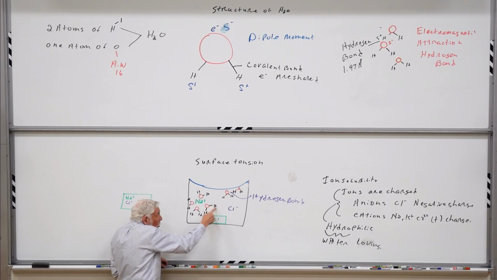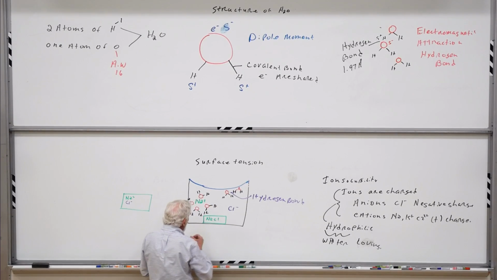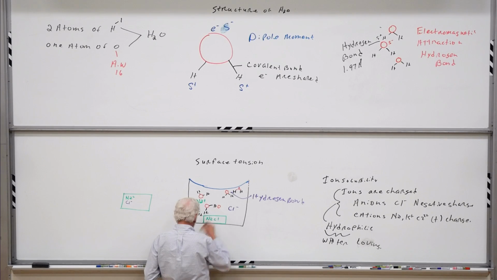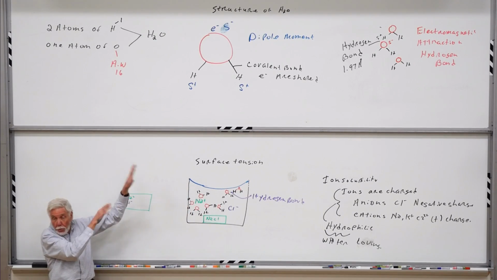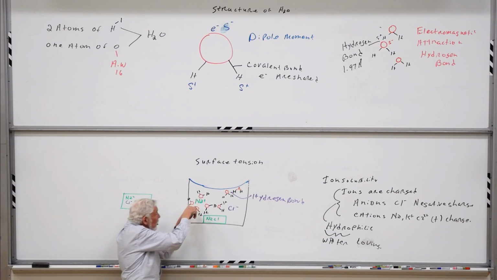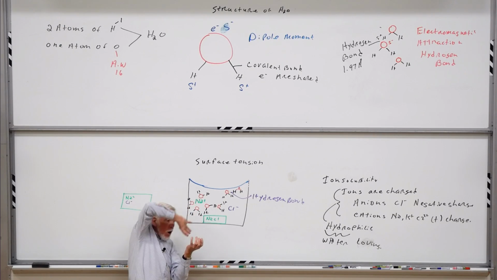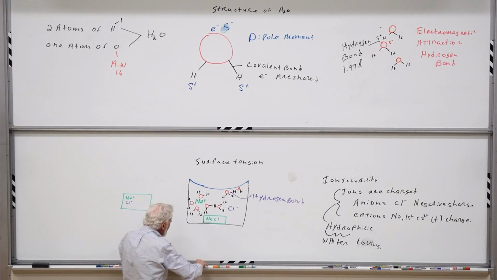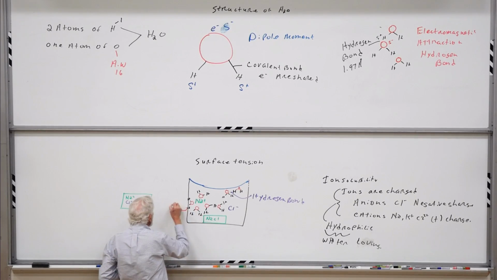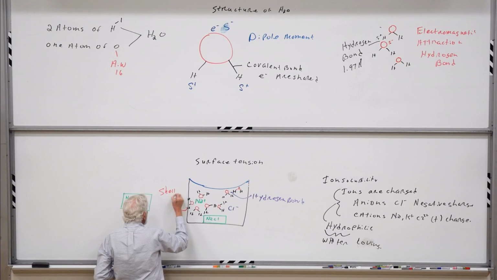Then out here with this positive end, there'll be another layer of water molecules. Now, I've drawn this in 2 dimensions, but imagine it in 3. Imagine that we have a sodium ion sitting at the center, and all around it will be layer upon layer of water. This layer upon layer of water is said to be the shell of hydration.